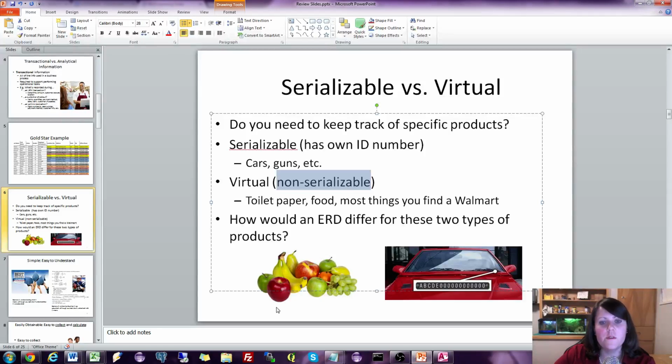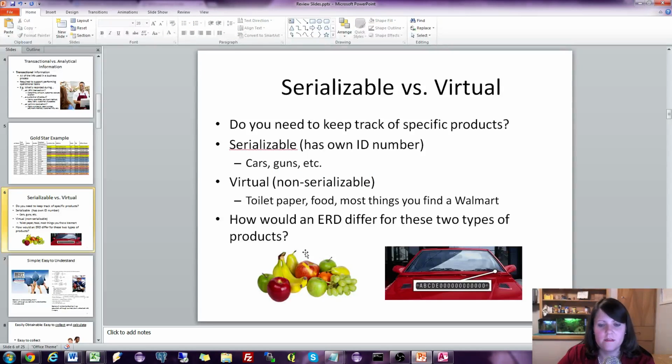Food is a great example. Food is non-serializable. You're not going to want to know which particular banana of the bunch you are selling or keeping track of. As opposed to things that are serializable, like cars with their VIN, or instruments.